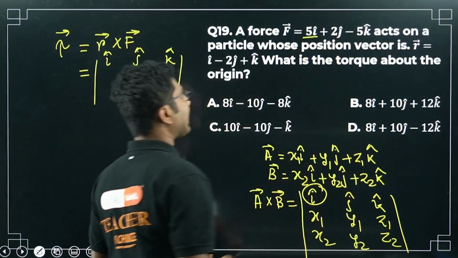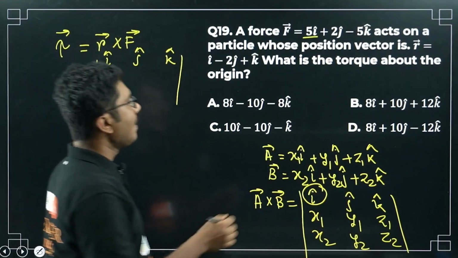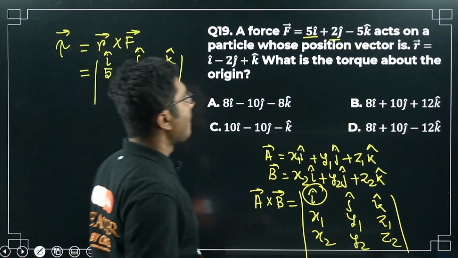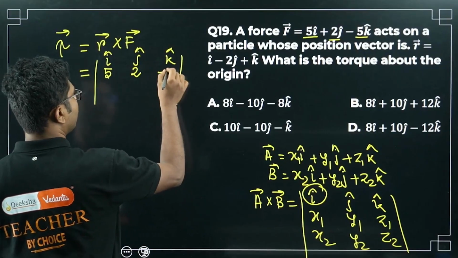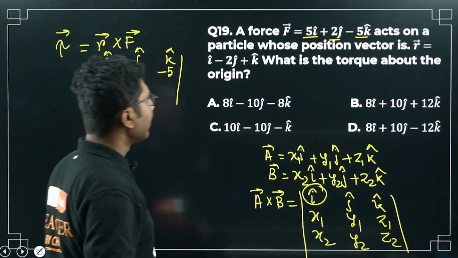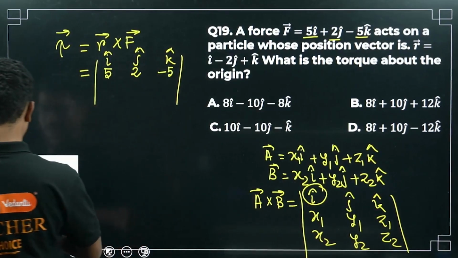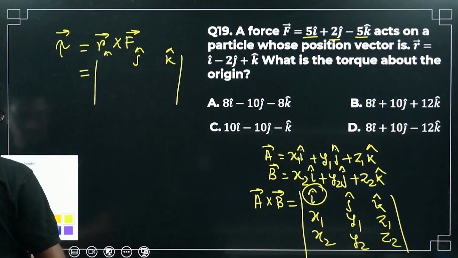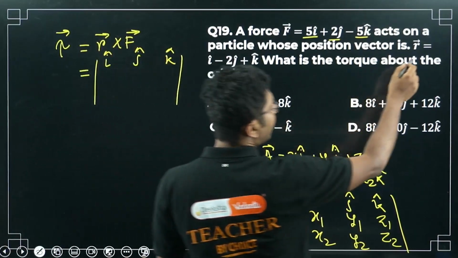My mistake, extremely sorry, because it is r cross F, first we have to write the r vector. R vector is i cap, which is 1. Next is minus 2 j cap, so minus 2, and plus k cap, which is 1.